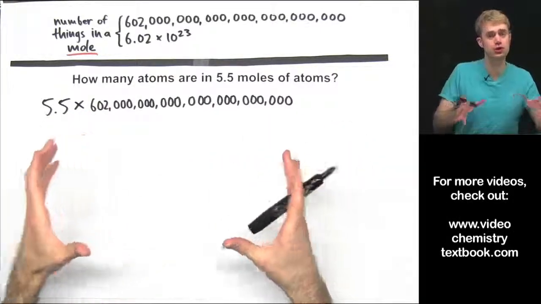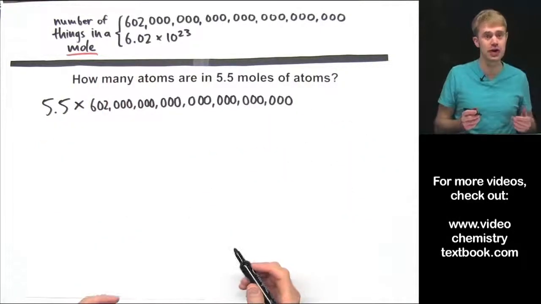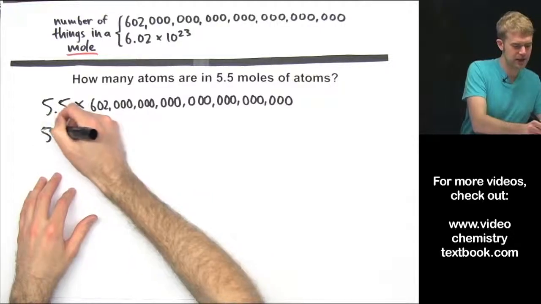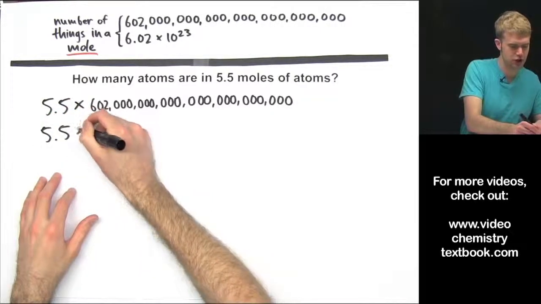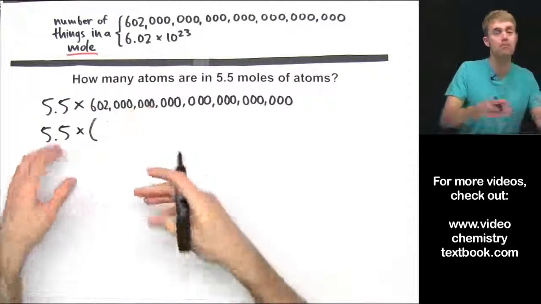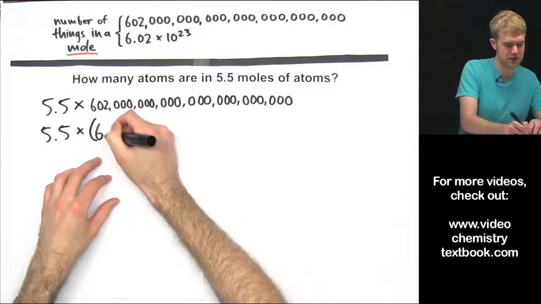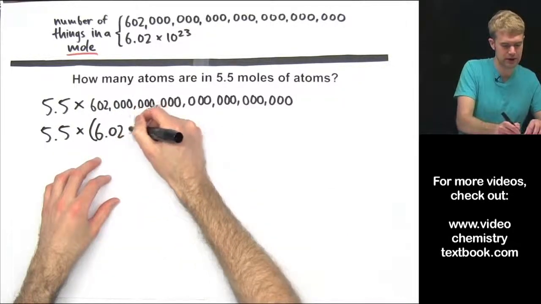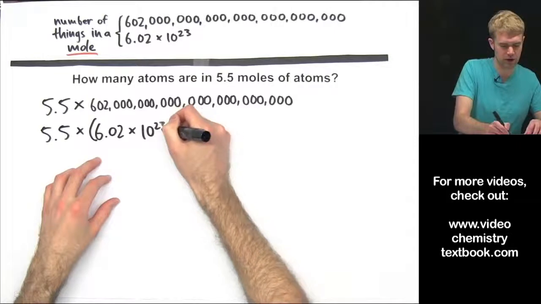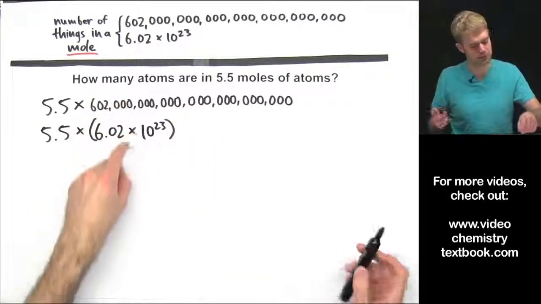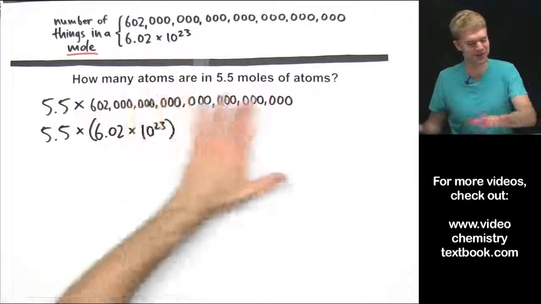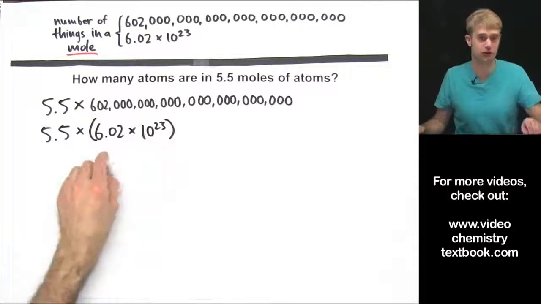You'd want to use the shorter version in scientific notation. So let's take this big number, 602 hexillion, and write it in the more manageable form of 6.02 times 10 to the 23rd. This is the same number as 602 hexillion. It's just an abbreviated version here.